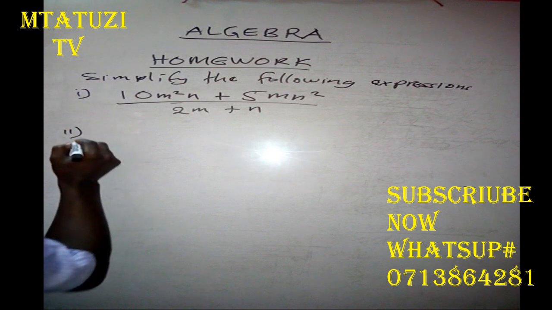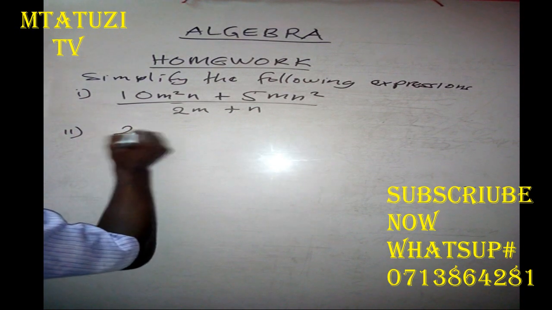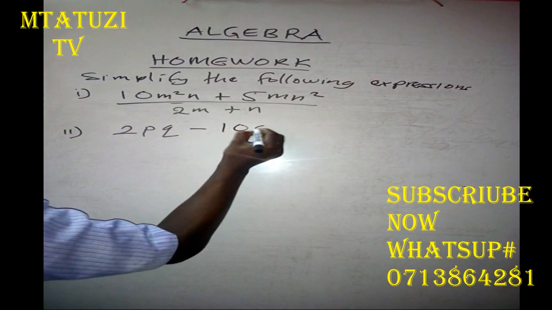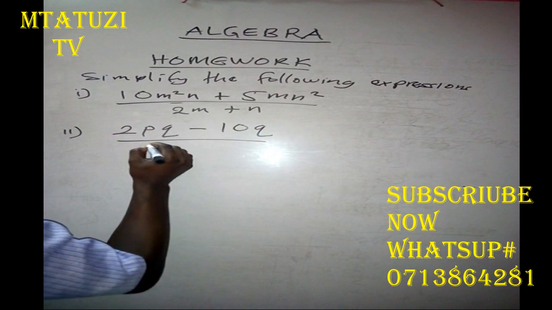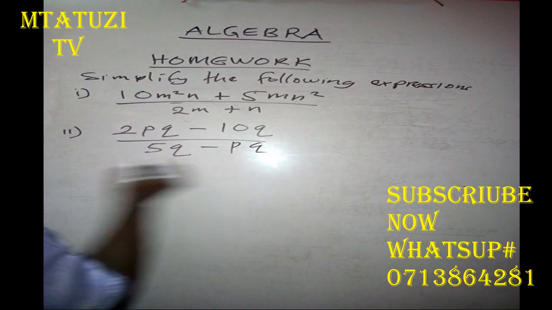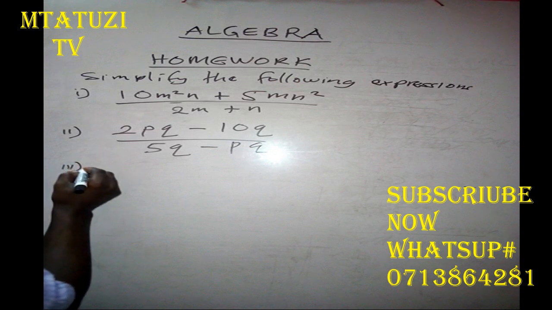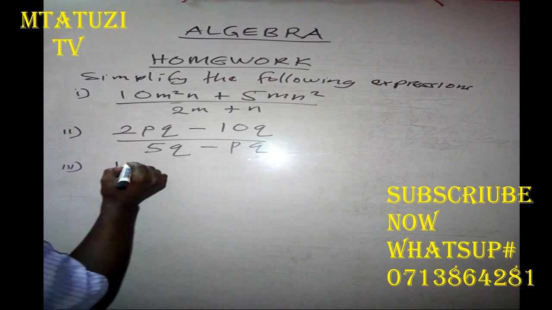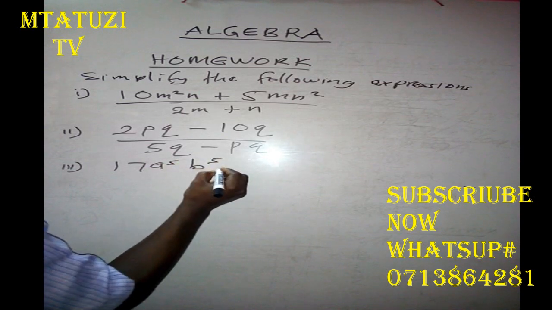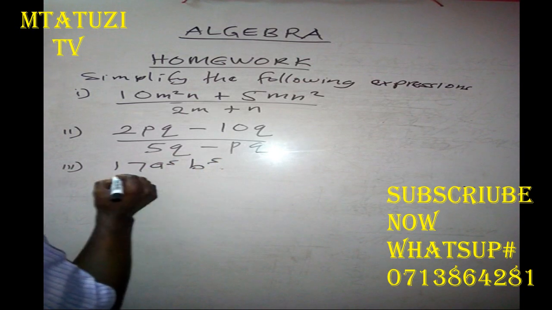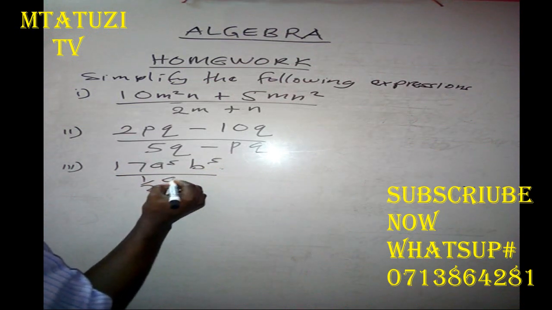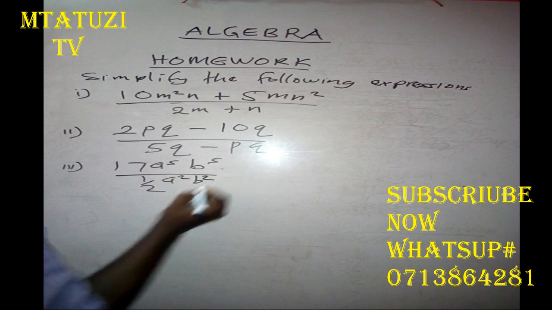Number two, 2pq minus 10q divided by 5q minus pq. Number three, you're given 17a power 5 b power 5 divided by 1 over 2a square times b square.